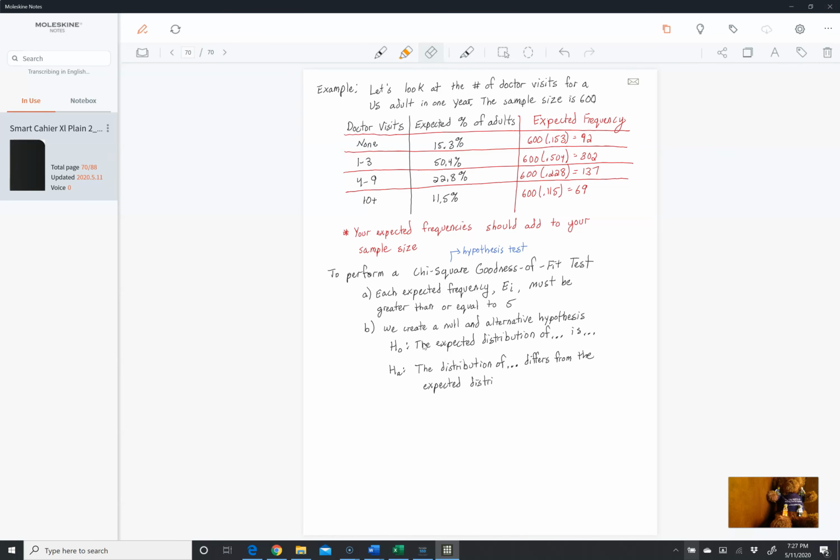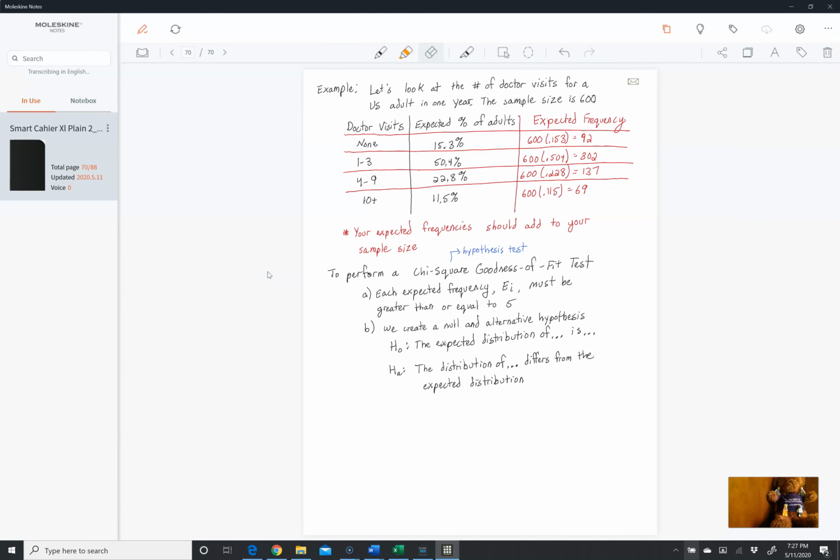And you'll see examples of us creating both the null hypothesis and the alternative hypothesis. So remember, chi-square test says this matches the actual distribution. Okay, so the null hypothesis says yes, it matches. The alternative hypothesis says nope, doesn't match.